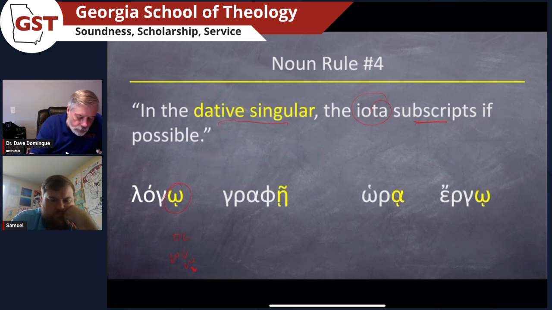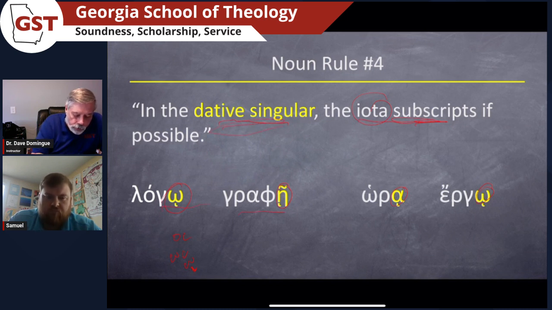Here's the subscript, and here's a subscript in the dative with the eta, and with the alpha and the omega again. So it makes it really recognizable with that iota subscript.